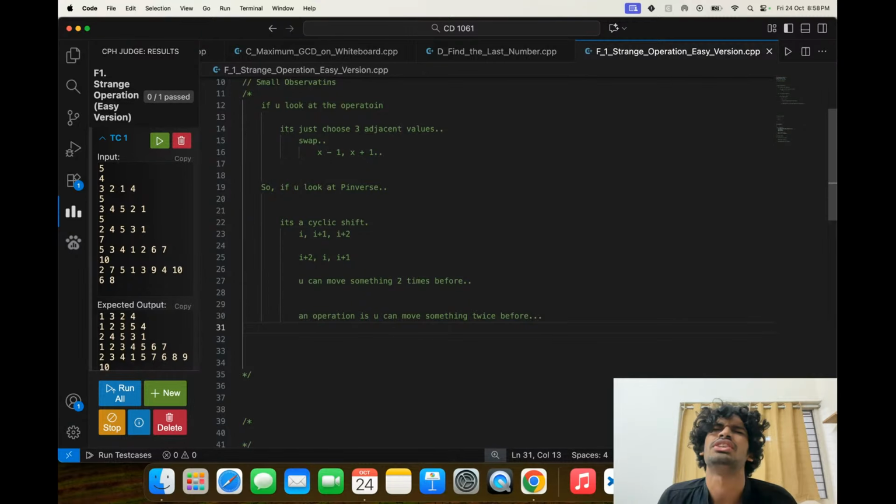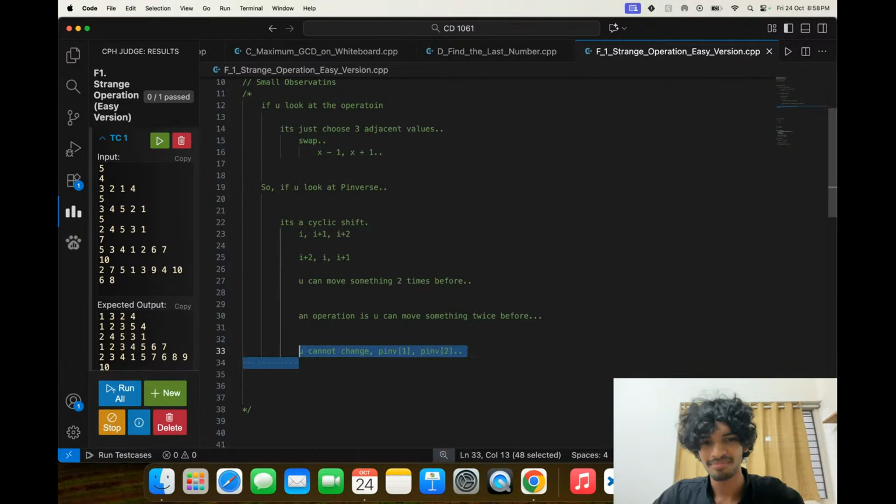If this is the operation, what is the minimum value that one can take? Where is 1? You cannot change P inverse of 1, P inverse of 2. Okay? You cannot change these two things.